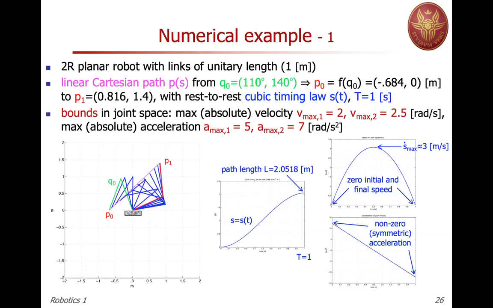You can really play around with this endlessly. So I've chosen a limit in joint speed, so a Vmax1 for joint 1, 2 radians per second, Vmax2 for joint 2, 2.5 radians per second, and the same for the acceleration of the two joints, and these are expressed in radians per second squared. So what should we do?